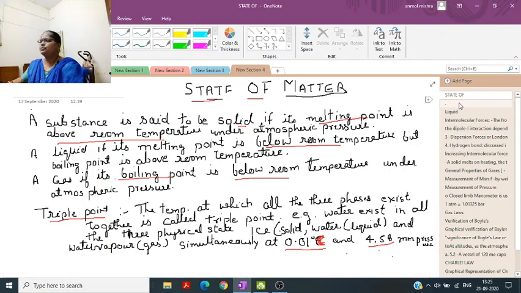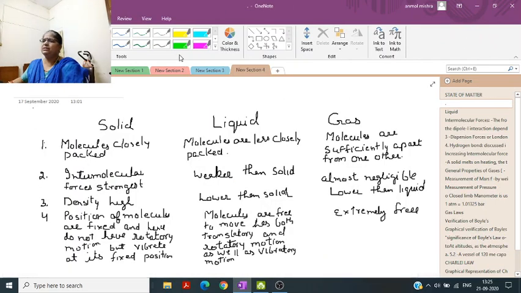Now, there are some properties on which we can differentiate solid, liquid and gas. In solids, molecules are closely packed, they cannot move, whereas in the case of liquid, molecules are less closely packed, whereas gases, they are far apart.